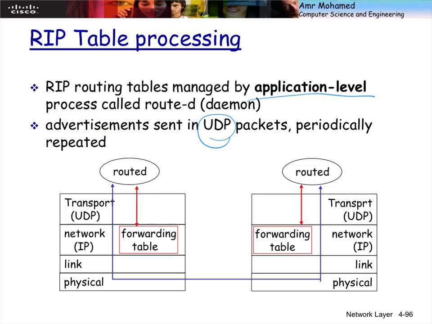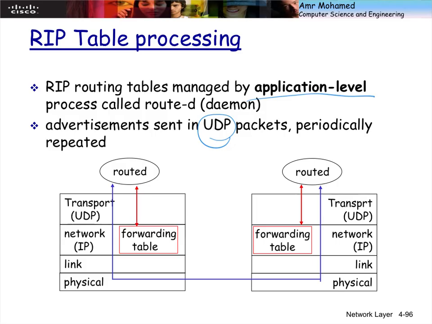So in that case, EIGRP doesn't deal with ports, which means that there's only one process. We don't have to feed the route messages to multiple processes in the router. So it's only one process, which is the EIGRP message advertisement. But in all cases, it needs to be unreliable.